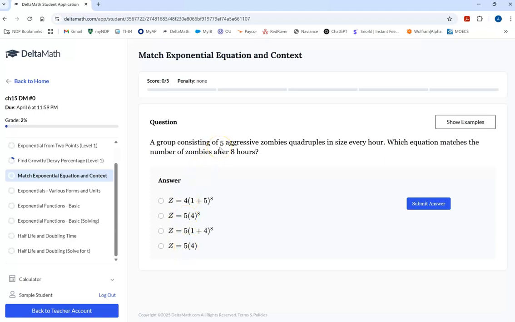I'm just using P equals P naught times (1 plus r over 100) to the t. So this one is already gone because the leading term is a 4, not a 5. And the time is 8 hours, so it can't be the last one because there's no exponent of 8. So I just have to decide whether it should be the second or third one. Which do you think? It is the second one.